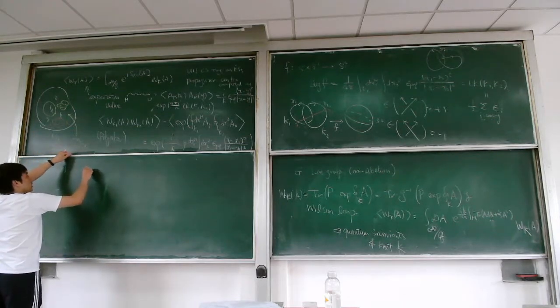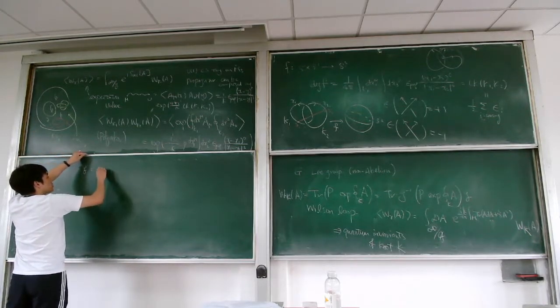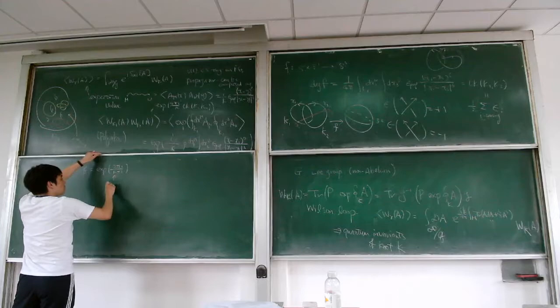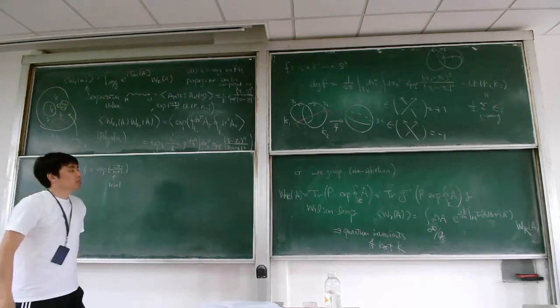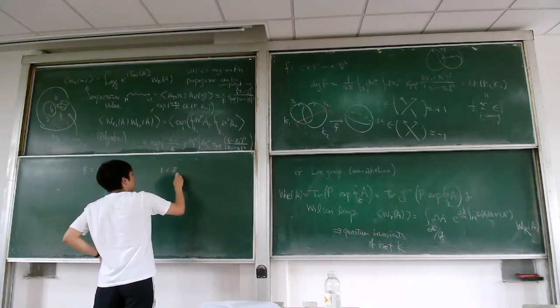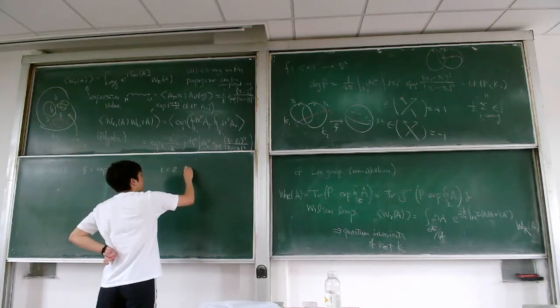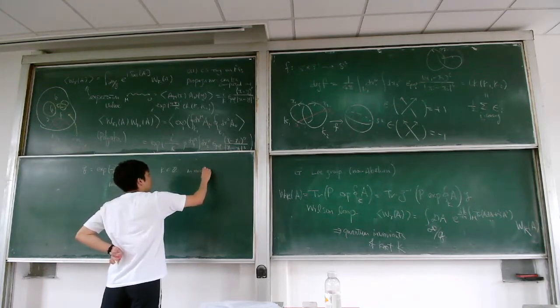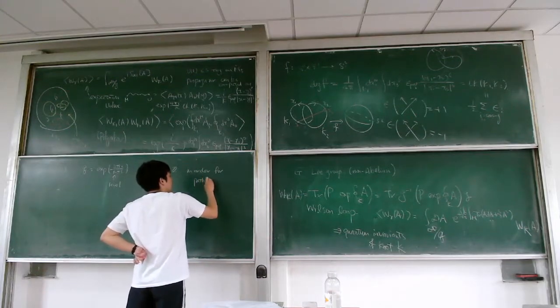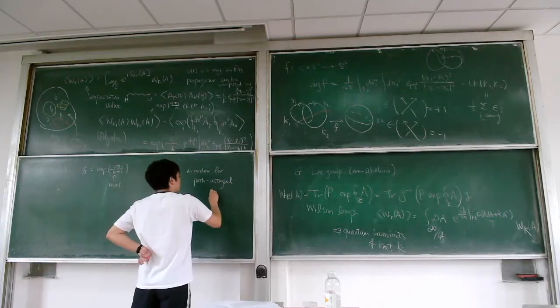And in the non-linear case, especially when G equals SU2, I introduce q equals exponential 2 pi i divided by k plus 2. This k is a level. And in particular, in the non-linear case, the level k has to be an integer in order for the path integral to be well defined.